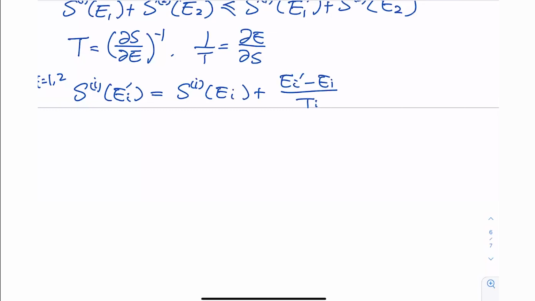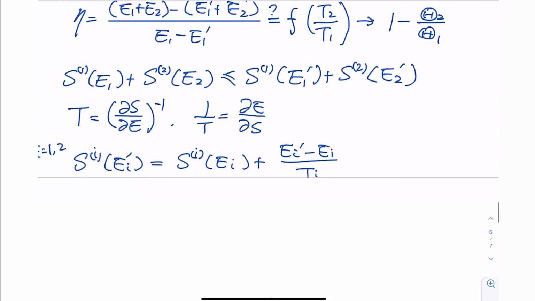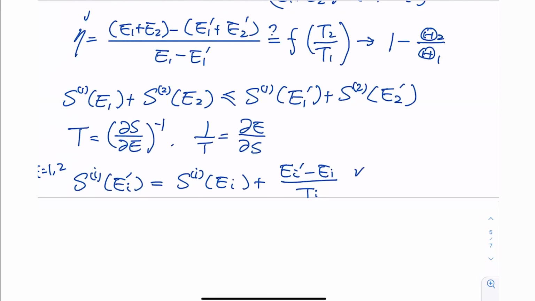This is just the assumption that the heat bath is not changing its temperature during this thermodynamic cycle. So that's good, because if we have this expression and we know this inequality, we should be able to say something about the temperature. Basically, try to convert that into the relation of these energies. Okay, so let's see how it works.